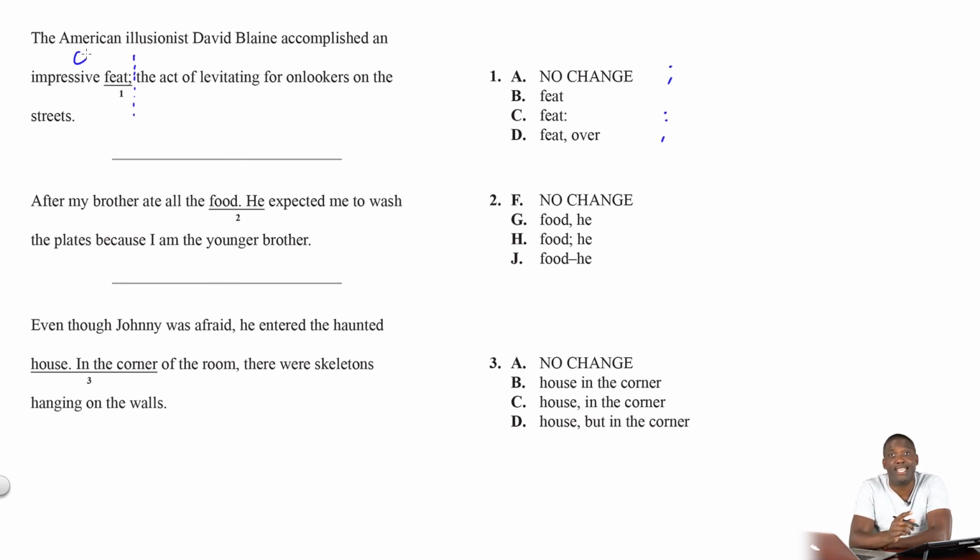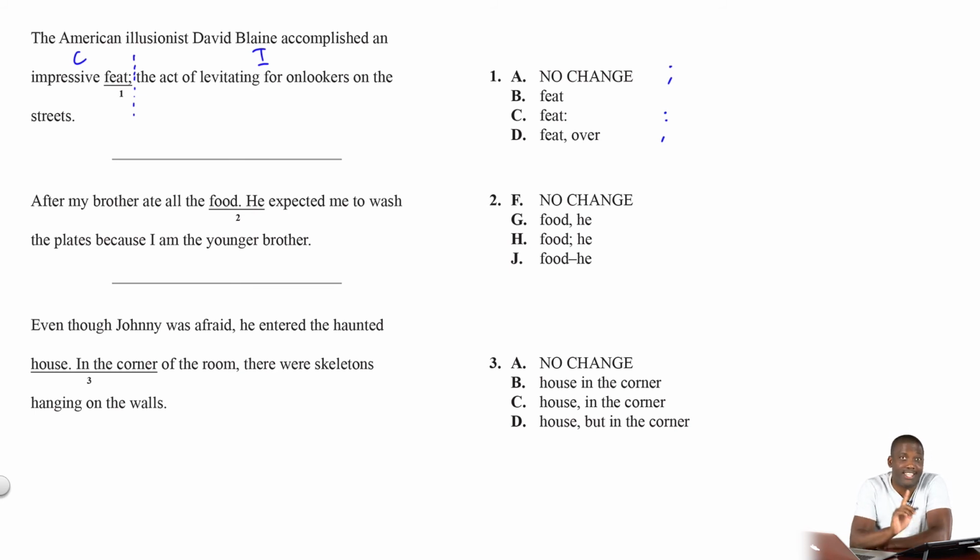Now let's look at the idea that follows the punctuation. The act of levitating for onlookers on the streets. If I walked into the room and said to you, the act of levitating for onlookers on the streets, and walked out of the room, you'd be, well, I'm thinking you'd be confused because that is, you guessed it, an incomplete idea. So now we have complete to incomplete.